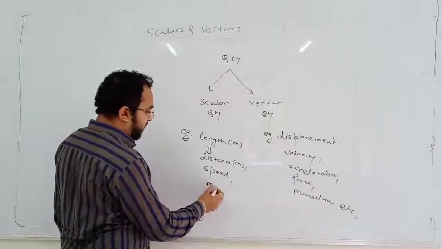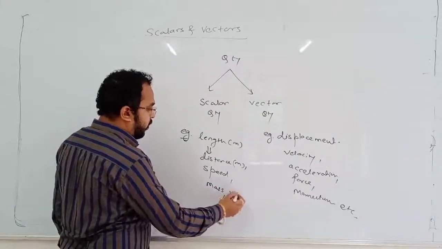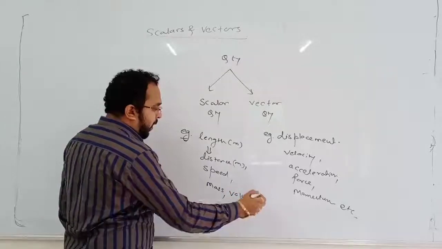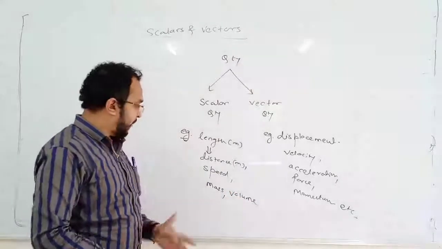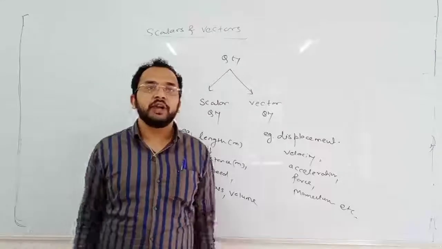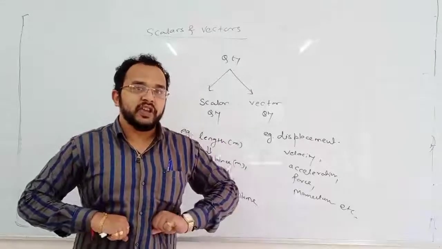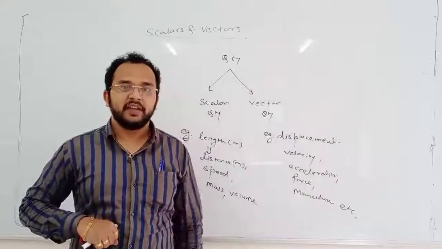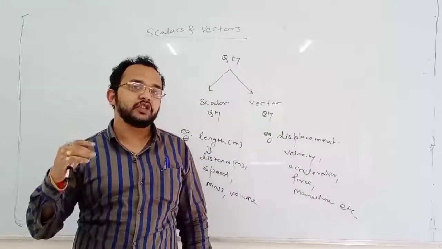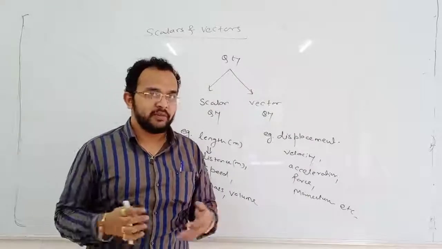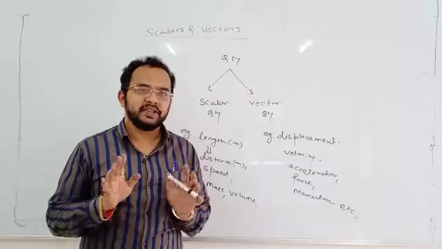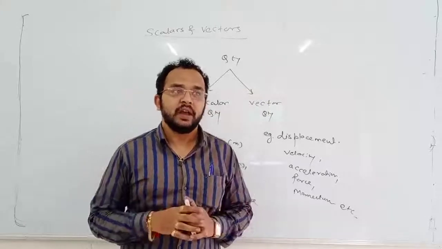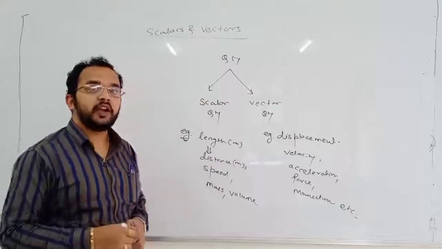Here see mass, volume. Why? Just imagine mass. Do we say my mass is 60 kg towards America and the remaining 20 is towards Japan? No, my mass is 60 kg. My weight is 600 Newton.